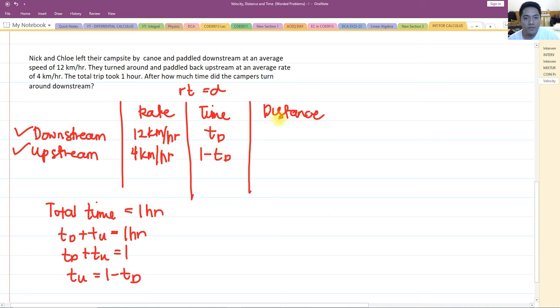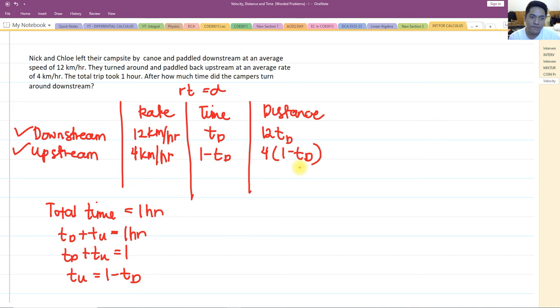So now, the distance is simply their multiplication. Rate times time. So you have 12 times T sub D, and then you have 4 times 1 minus T sub D. Of course, they've traveled the same distance. Why?